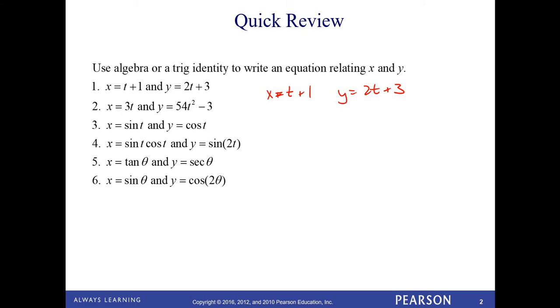When we have algebraic equations, we're going to just simply use a substitution. I'm going to solve this equation for t equals x minus 1, and I'm going to substitute that into this equation, where I will get y equals 2 times x minus 1 plus 3, which gives me y equals 2x plus 1.